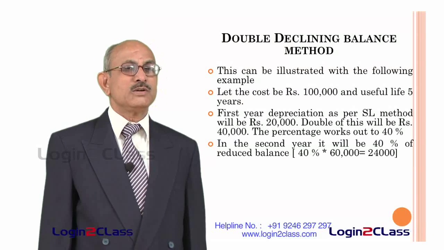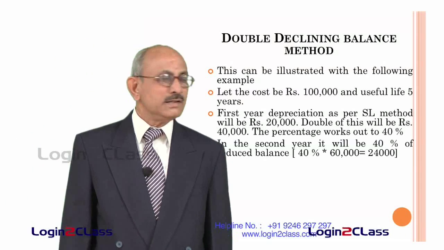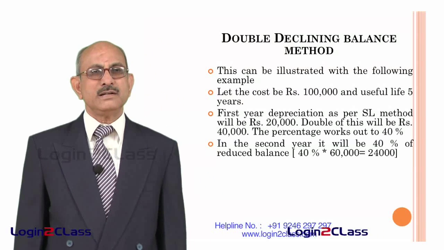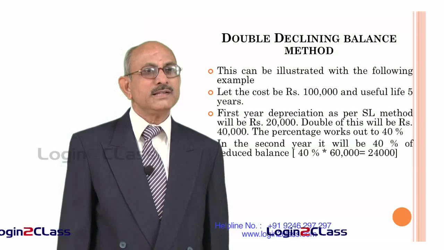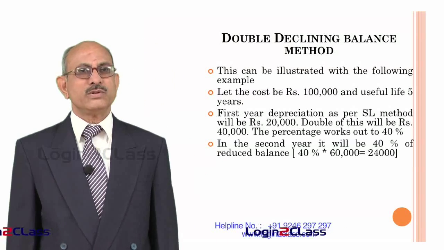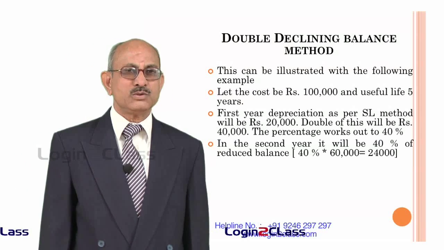And this 24,000 is taken if it is more than the straight line method. In the case of straight line method, we have found out that it is 20,000. Since 24,000 is more than 20,000, for the second year you take it as 24,000. Then the depreciable amount goes down by 24,000, that is 60,000 minus 24,000, which comes to 36,000.